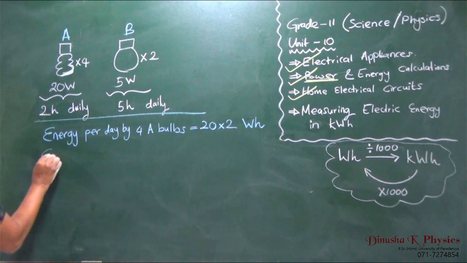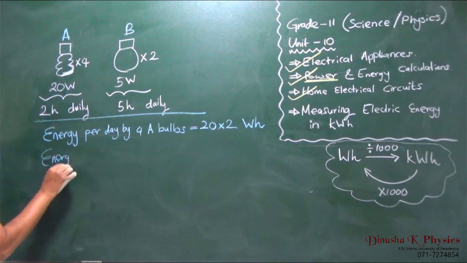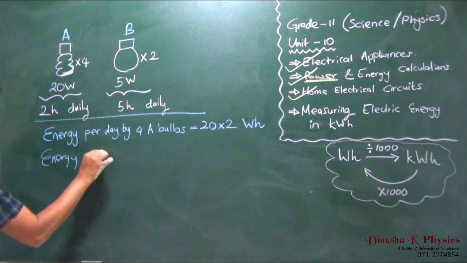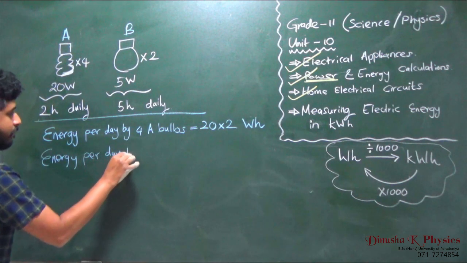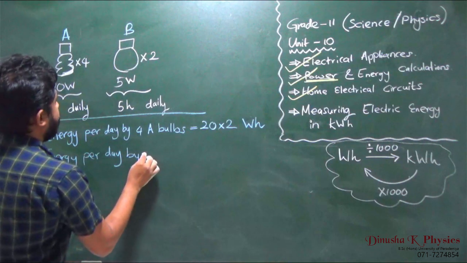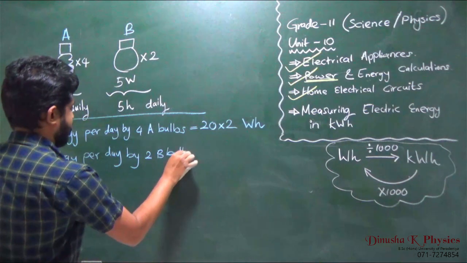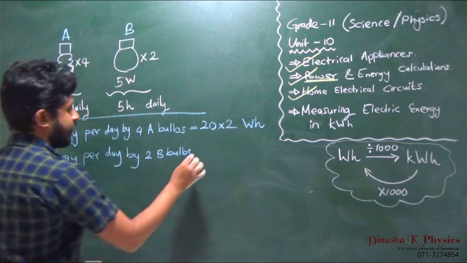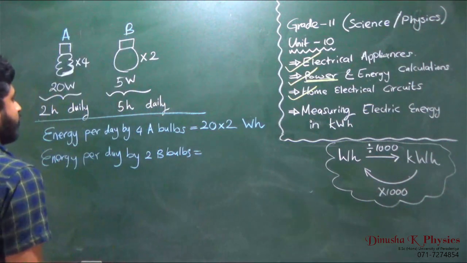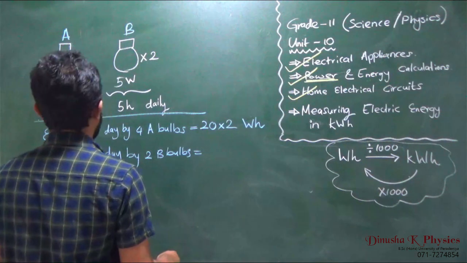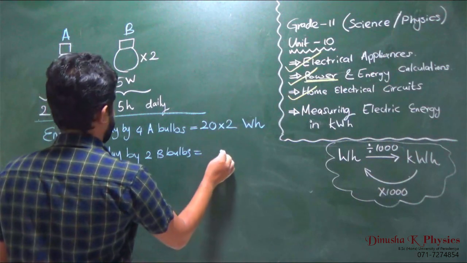So again I will calculate energy per day by 2 B bulbs. It is operated for 5 hours.